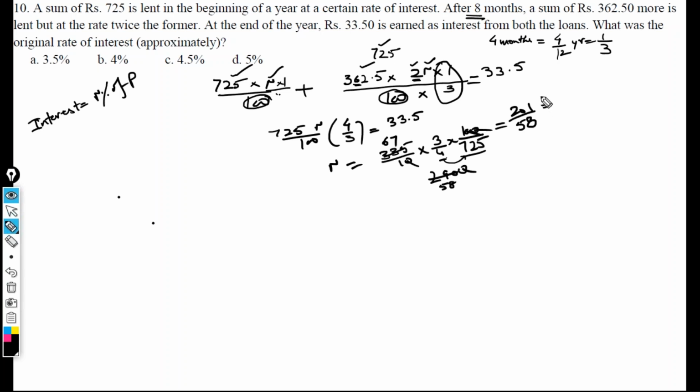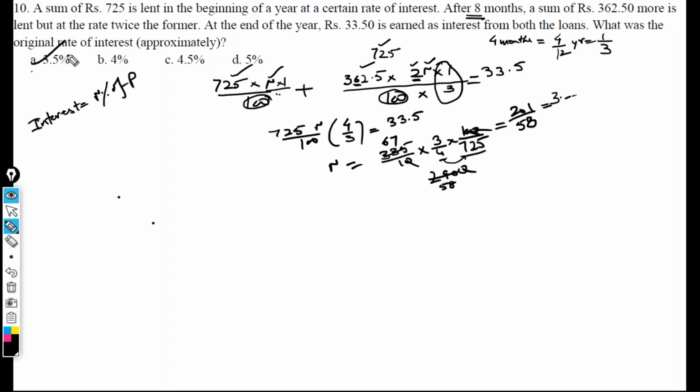Now we have to carry the calculation. So if I multiply 58 with 4, 58 into 4 is going to be way more than 200. So it is going to be 58 into 3 point something. So there is only one answer option, which is 3.5%. We need not do this calculation, Madhu. So we can say it is 3 point something and there is only one answer option.